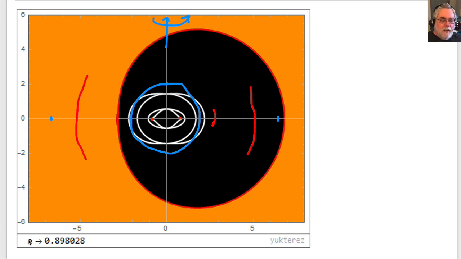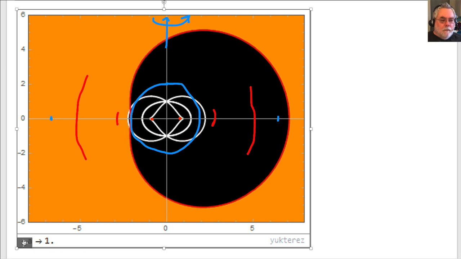Let's go to maximum rotation. So at maximum rotation, the inner and outer event horizons are very close to one another.